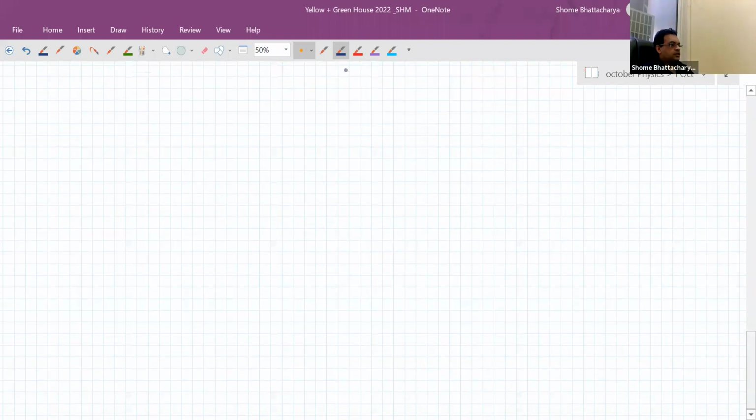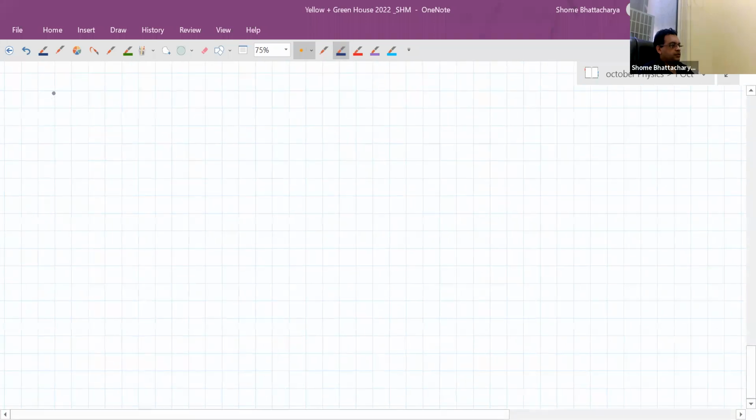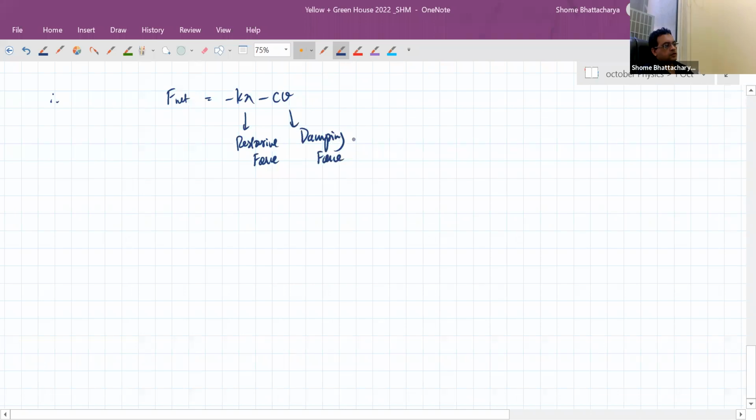So now we see that the equation of motion becomes: the net force is the combination of the restorative force and the damping force. That should be equal to mass into acceleration, where acceleration is d2x by dt square.